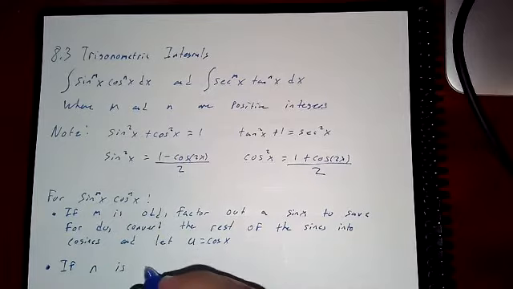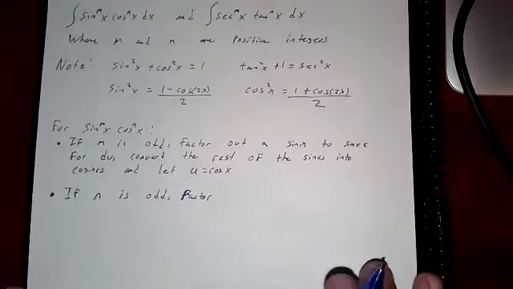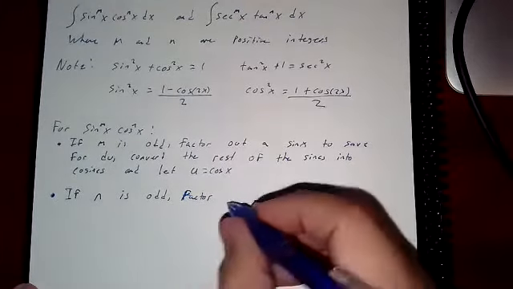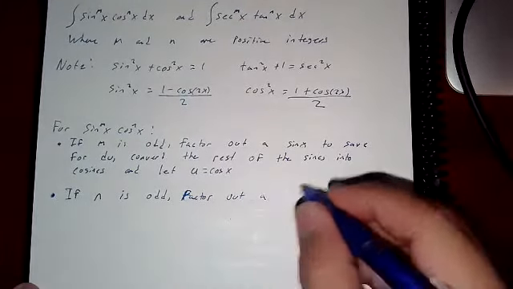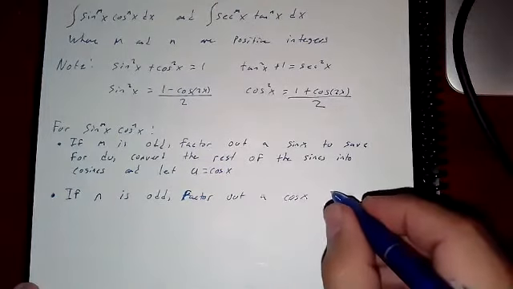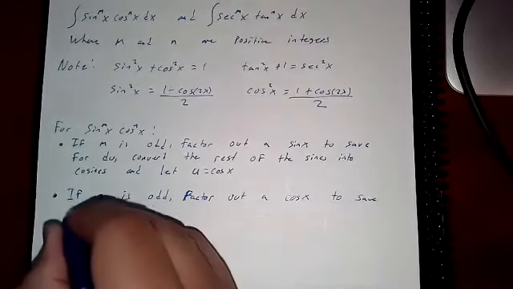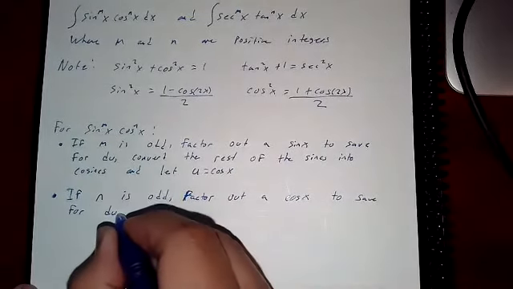If n is odd, factor out a cosine x to save for du.